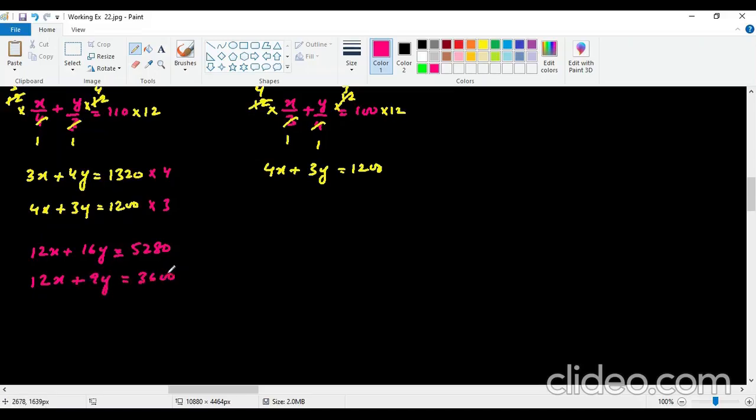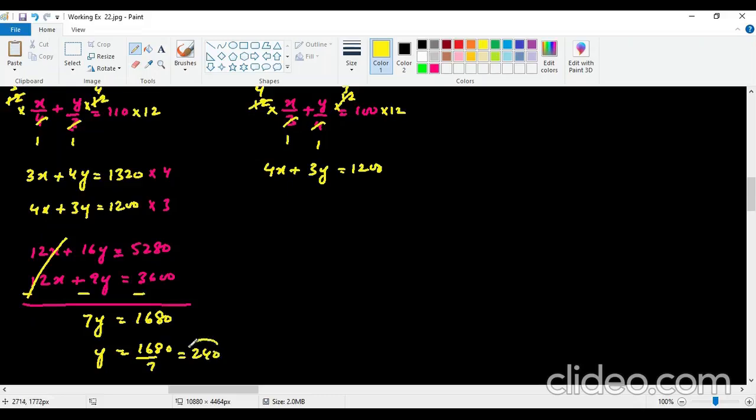When we see equations like this, we ultimately subtract them. Change the sign. Now 16 minus 9 is going to give us a 7y, and subtraction of these two numbers is going to give us 1680. So y will be equal to 1680 divided by 7, which gives us 240. Now I know the value of y, and I will substitute this into any equation I feel like.